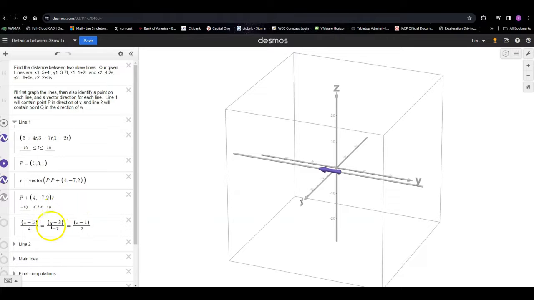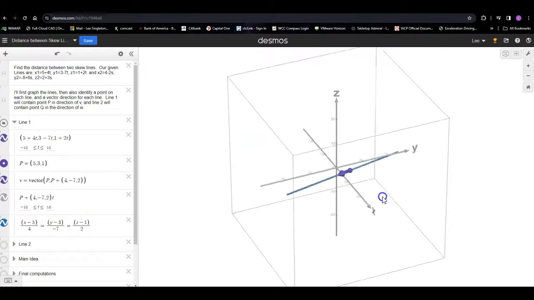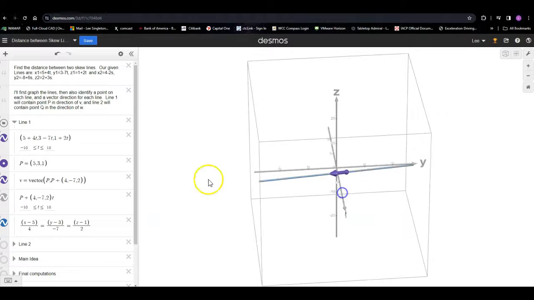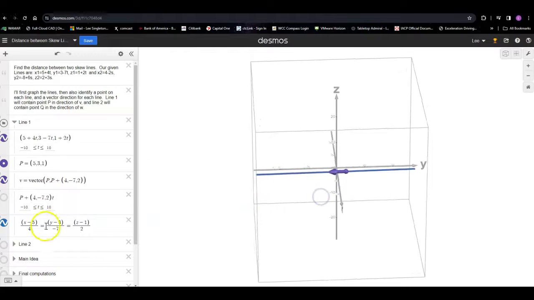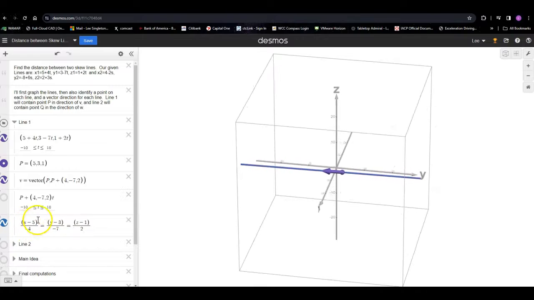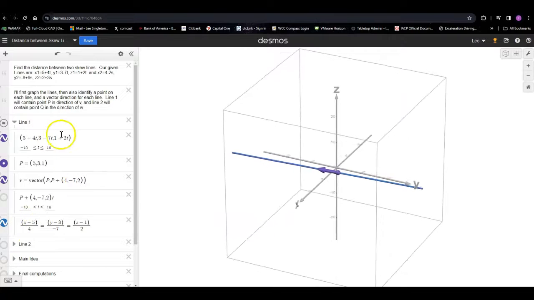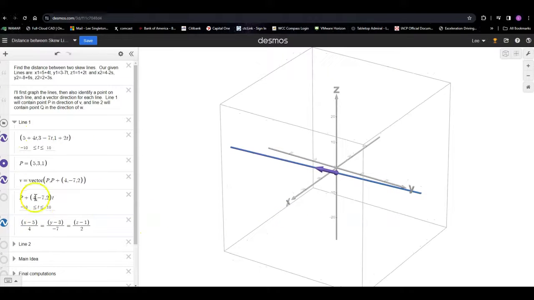You could also do the symmetric form of a line. So this last one, again, that blue is right on top of the gray and the purple as well. This is the symmetric form. Basically you just solve for t on all these. In this case, 5 plus 4t is x, and then solve for t.